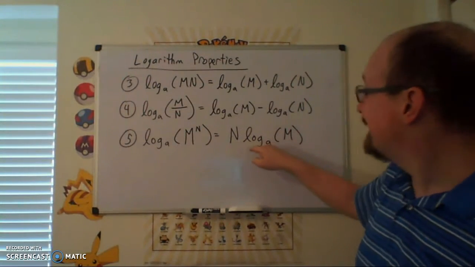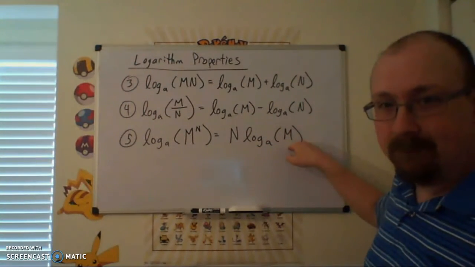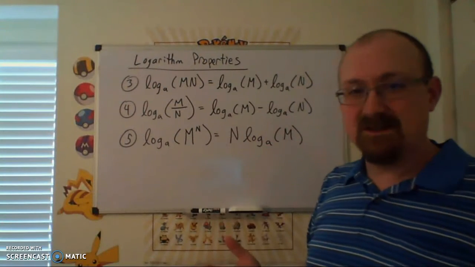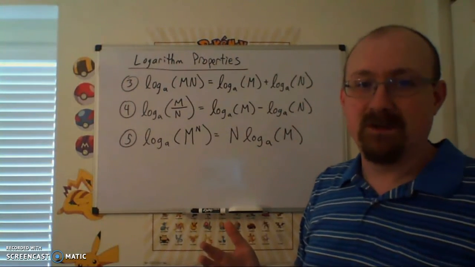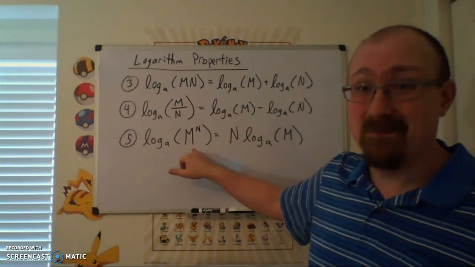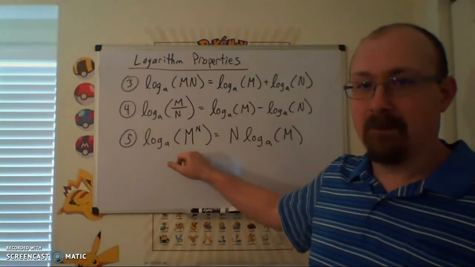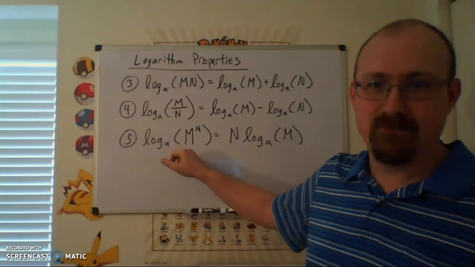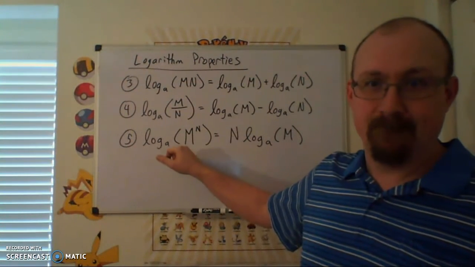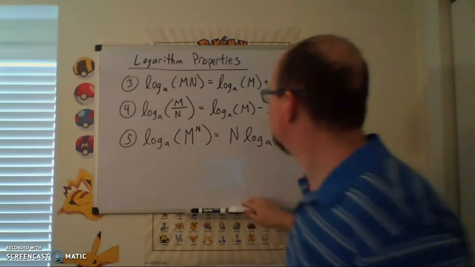So we have n times the log of m. We're going to be using these properties in some examples in just a moment. And again, I promise eventually you're going to see in particular why this one right here is going to be really useful for us. Now I'm going to give you a brief moment to get these sketched down onto your notes wherever you need them. All right, let's go on.